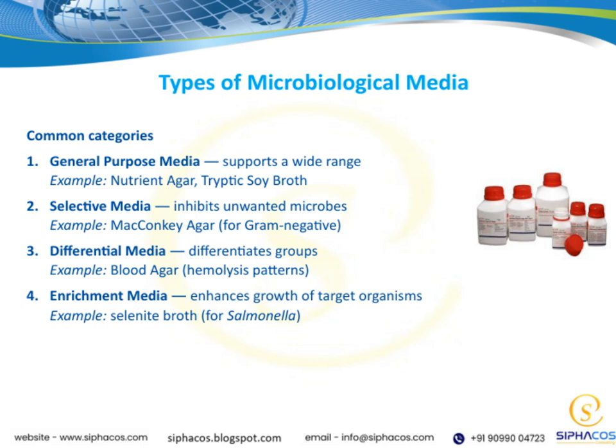These are designed to boost the growth of specific organisms, especially when they are present in low numbers. Selenite broth, for example, is used to enrich for salmonella, making it easier to detect in a sample. Understanding these categories helps us choose the right media for accurate identification and study of microorganisms, which ties directly into our overall theme of effective microbiological analysis.